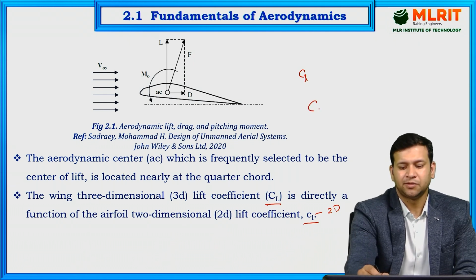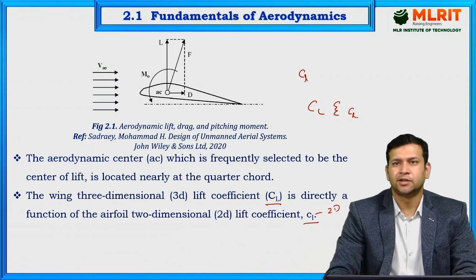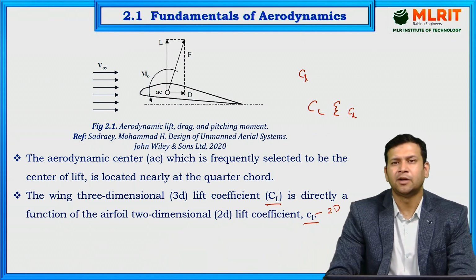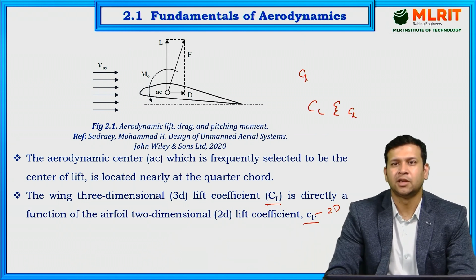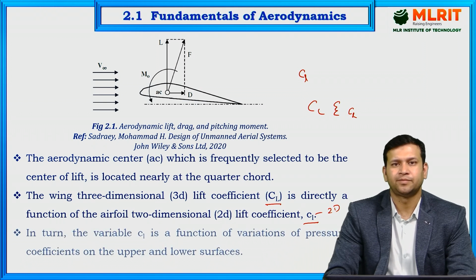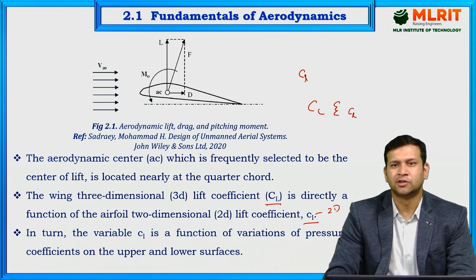There is a difference between them: C suffix capital L represents 3-dimensional, which is for the aircraft, and c suffix lowercase l represents 2-dimensional. In turn, the variable cl is a function of variations of pressure coefficient on the upper and lower surface.